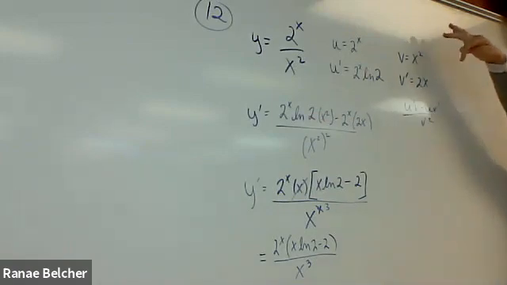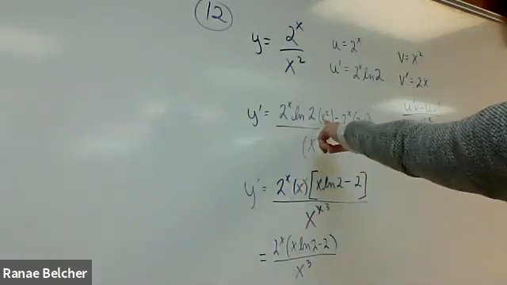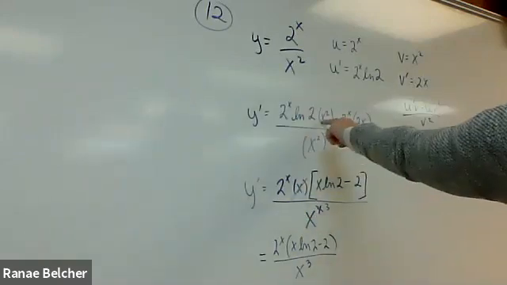With your u and u prime and v and v prime. Wait, why did the x to the fourth go to x to the 3? Up here, I factored an x out because there was an x squared in this term and an x in this term.